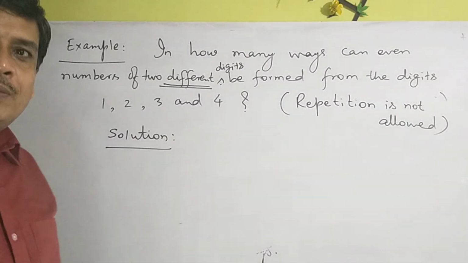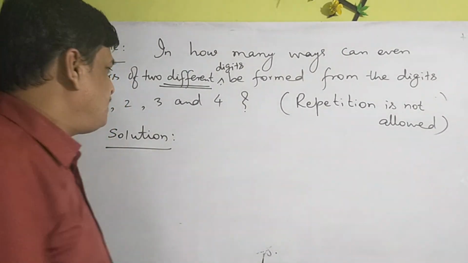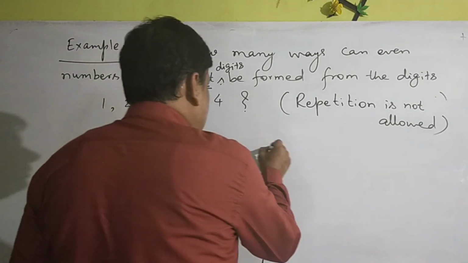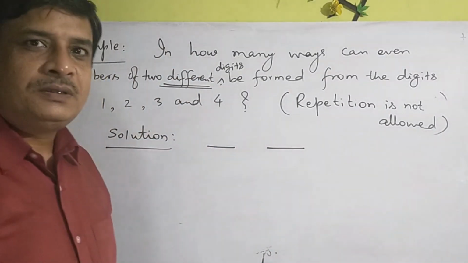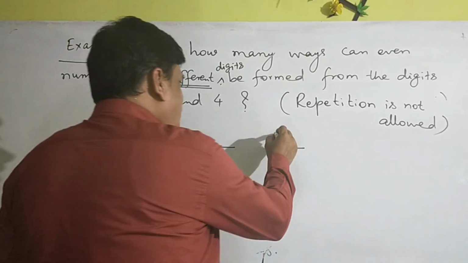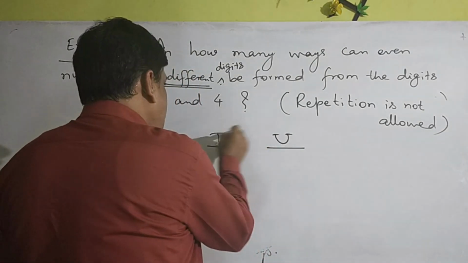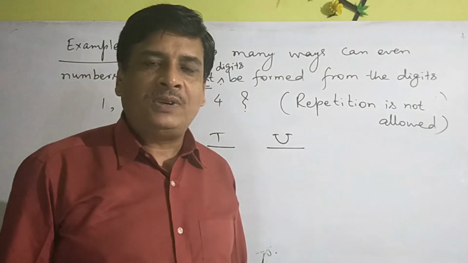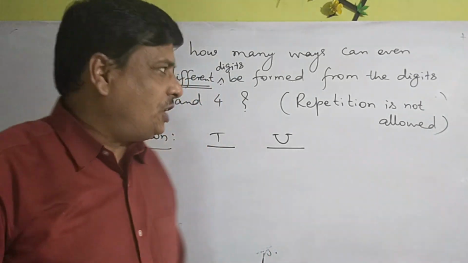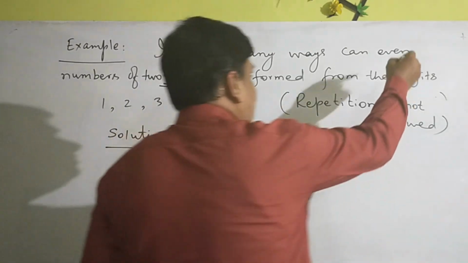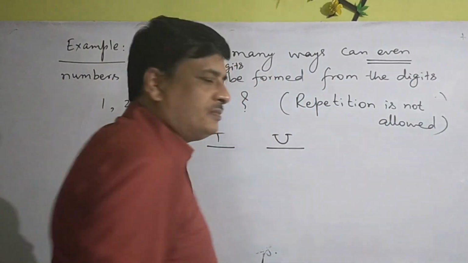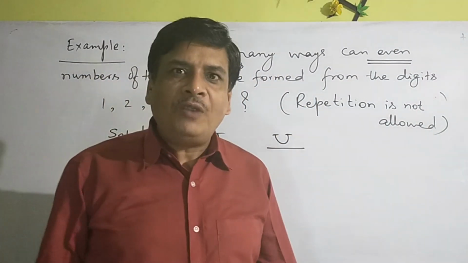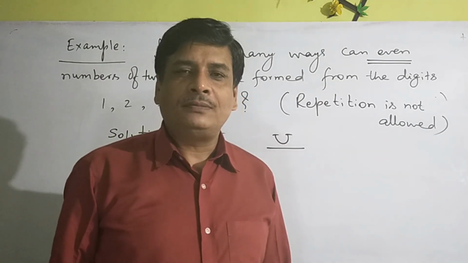It means we have 2 vacant places, one is the units place and the other is the tens place. These 2 vacant places are to be filled up. The condition is the number must be even. And all of you know how you form an even number.